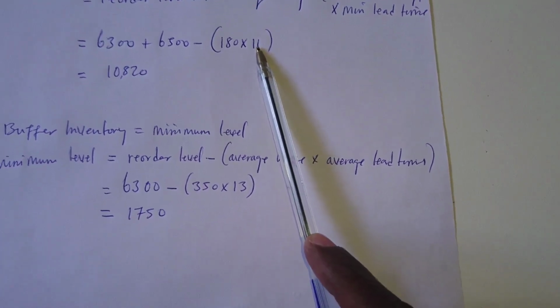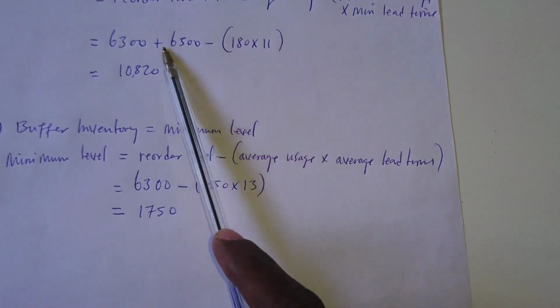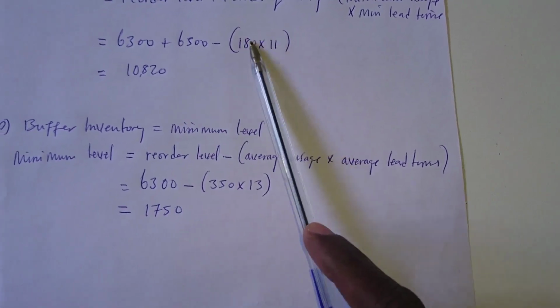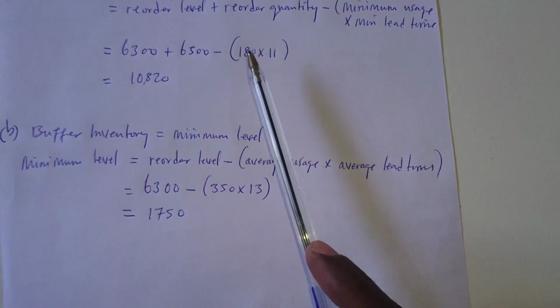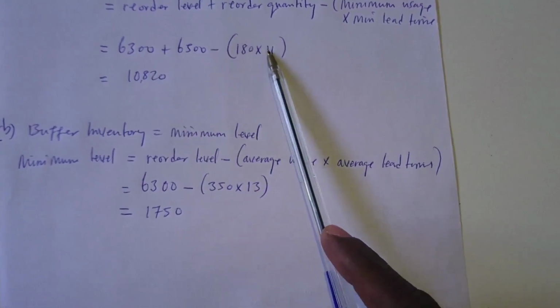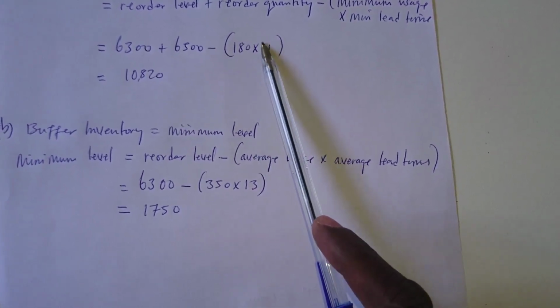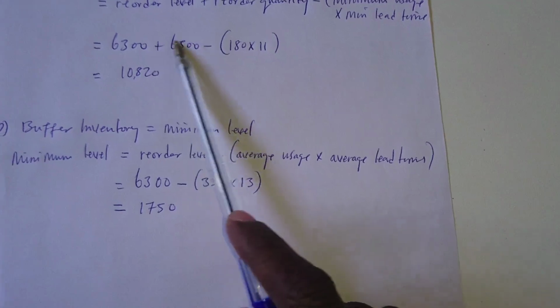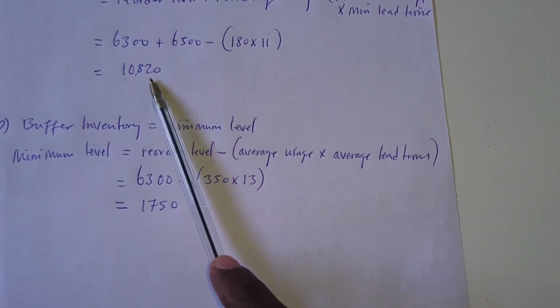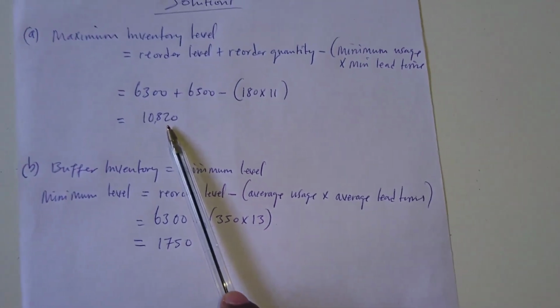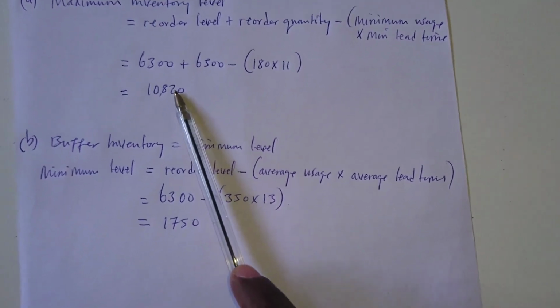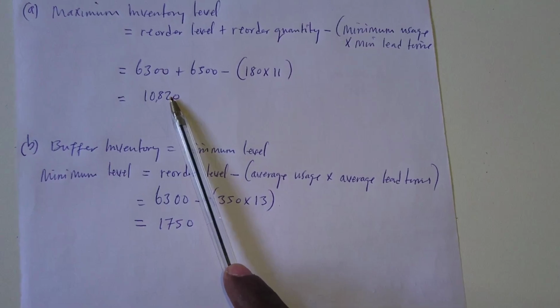That's where the 11 is coming from. So you do the mathematics: you begin by multiplying this part, then you add this, and subtract it from whatever you add here. You're going to have 10,820. That's the maximum inventory level.